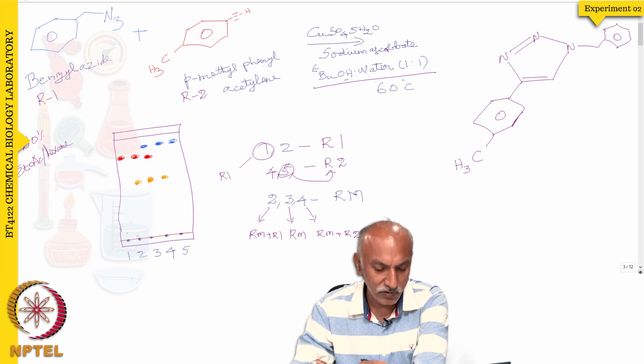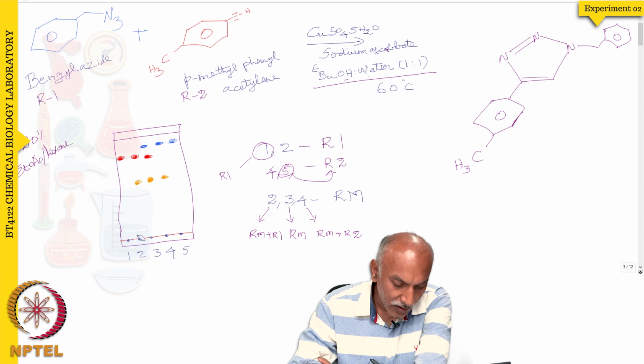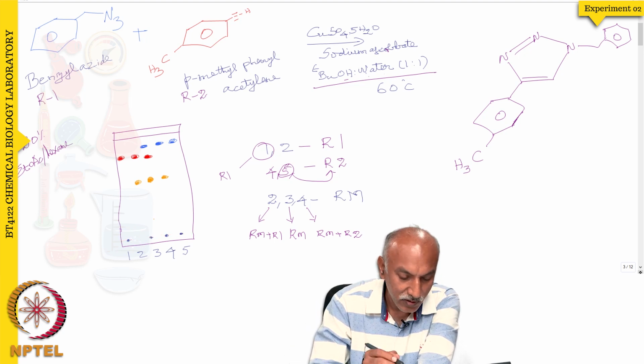A small variation should not be there. That is the reason we are drawing a line and putting a spot on each one. So, this is for our easy understanding.